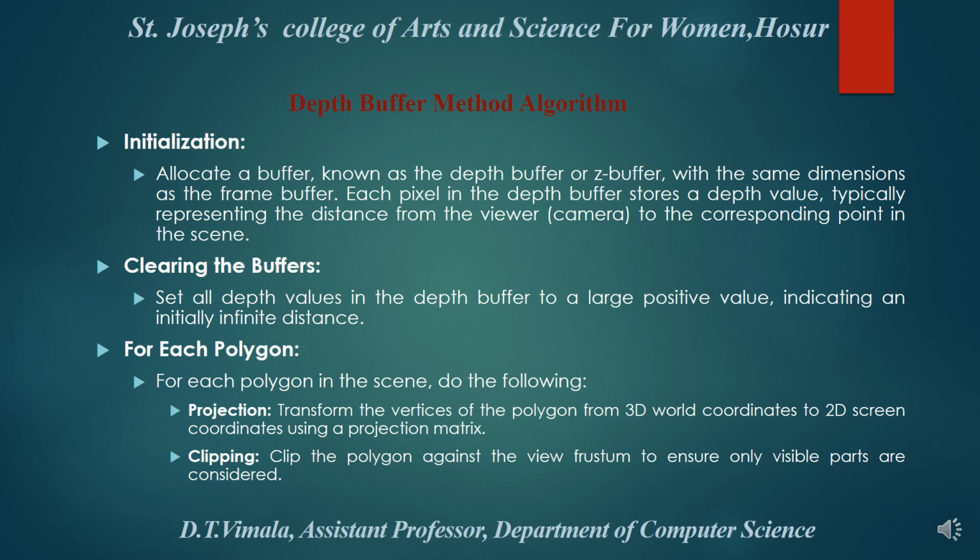First one, projection. Transform the vertices of the polygon from 3D world coordinates to 2D screen coordinates using the projection matrix. Next, clip the polygon against the boundary to ensure only visible parts are considered. That means after converting the 3D world into the 2D screen, we perform the clipping process, that is, what is inside the boundary we keep, and what is outside the boundary we clip or delete.